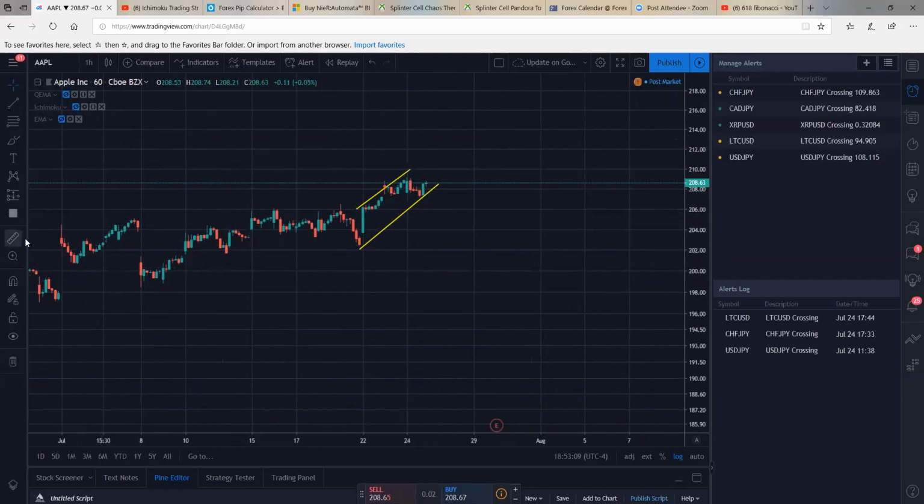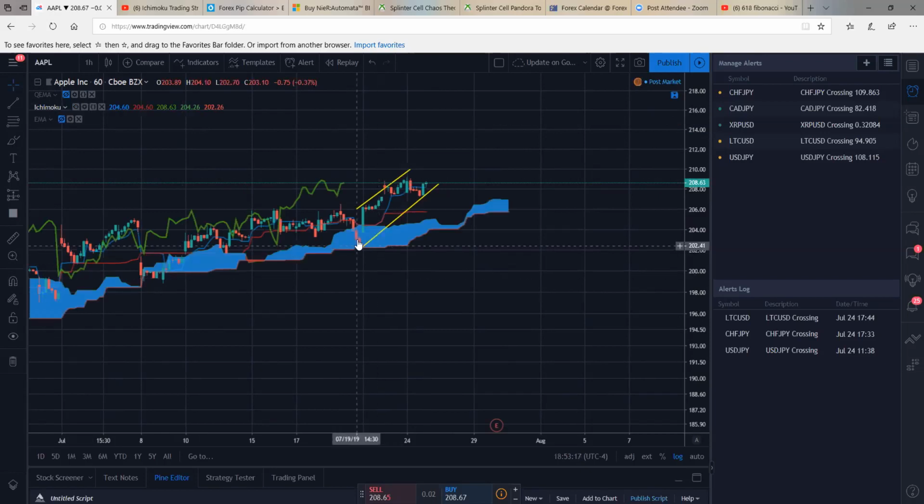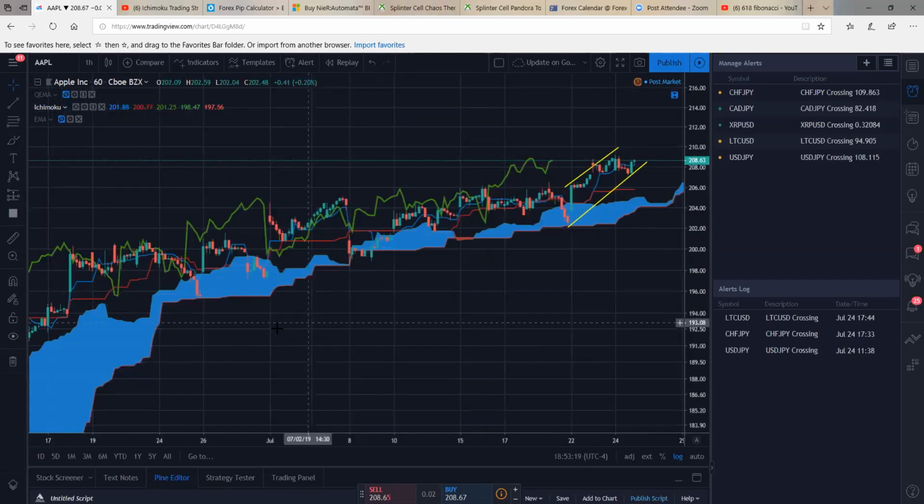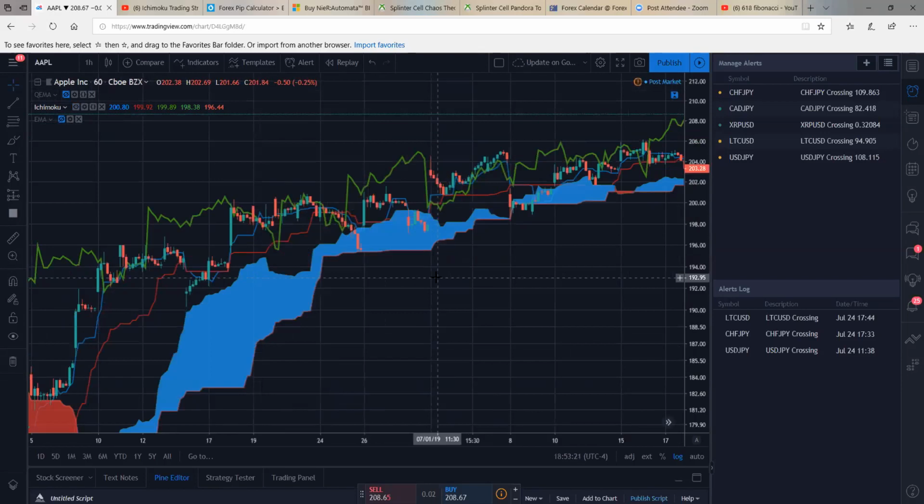But overall, as long as you have your cloud and your candles pushing out of your cloud, that is a technique you can use to trade Forex fast. You go from A to P.